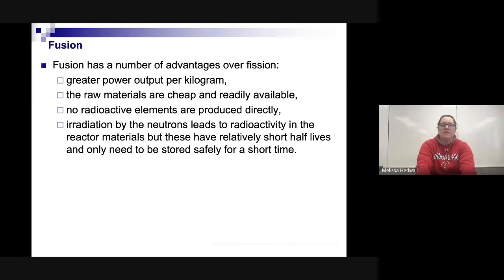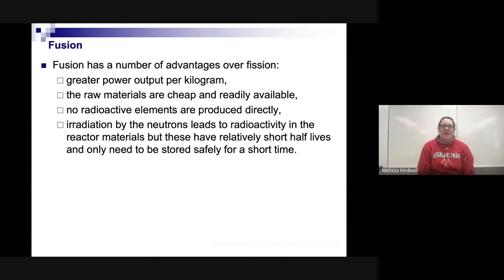Fusion has a lot of advantages over fission. We have a greater power output per kilogram. The materials don't need to be mined. Hydrogen and helium are naturally found around us, and so we can take that and use it. There are no radioactive elements that are directly produced from this.